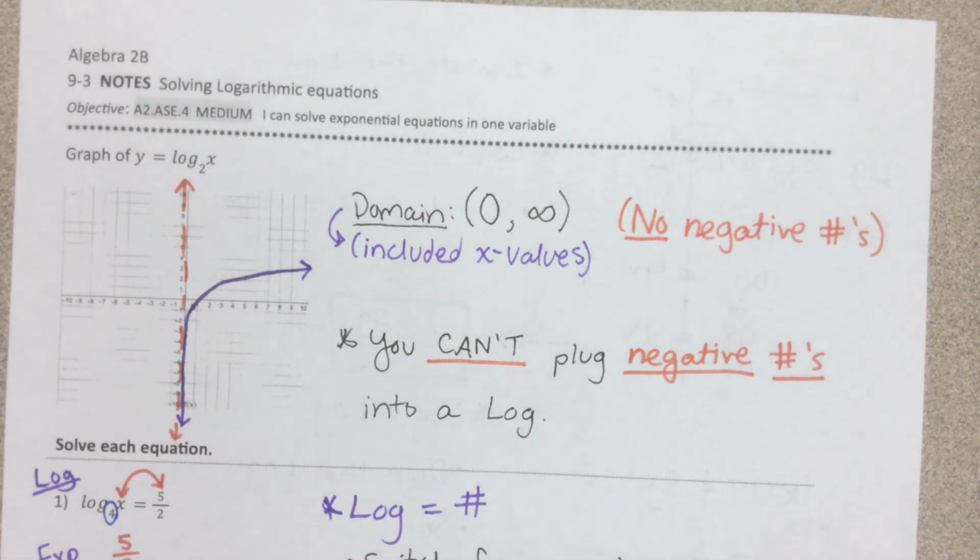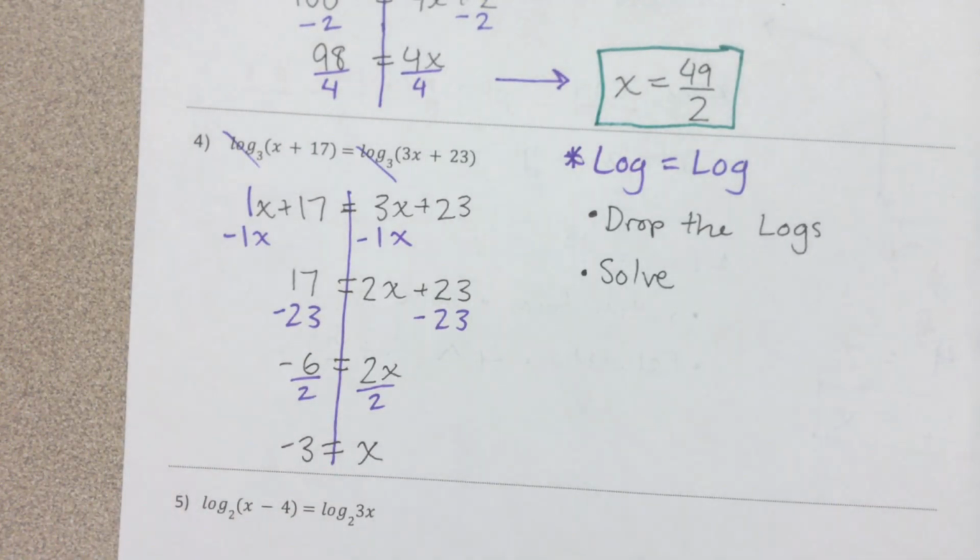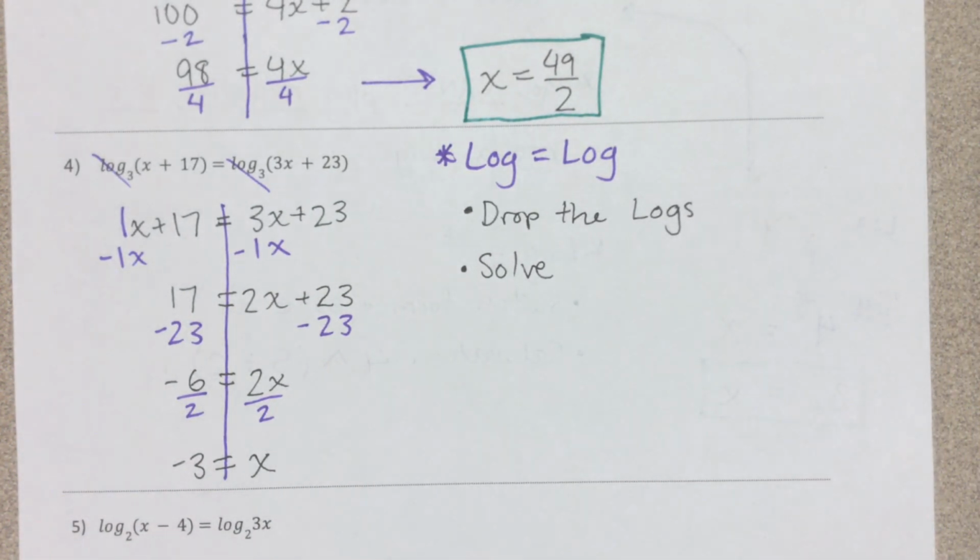So having a log in your equation is putting this restriction on what the answers can possibly be. And when you take the logs out, like they weren't even there to begin with, you're removing that boundary and that restriction. And now extraneous answers, we talked about that last unit, can come out that shouldn't have worked to begin with. So when you drop the logs, you must check your answer.